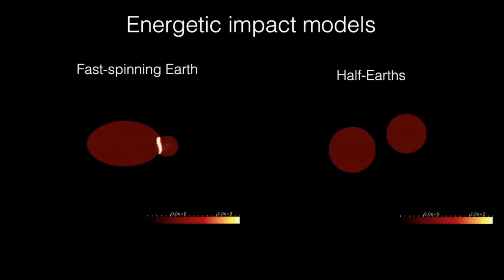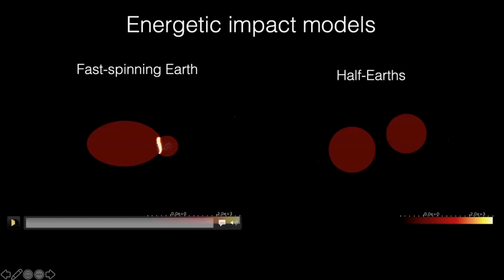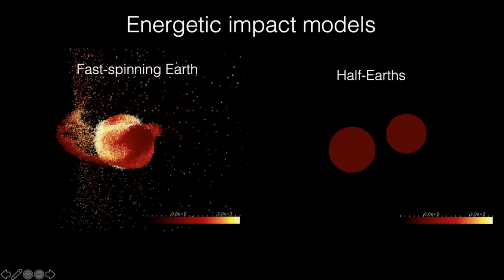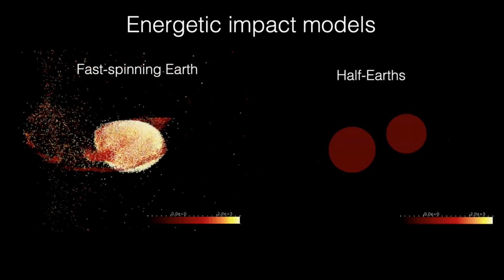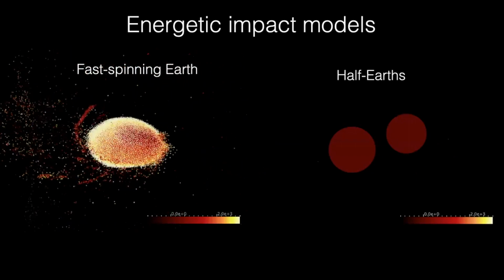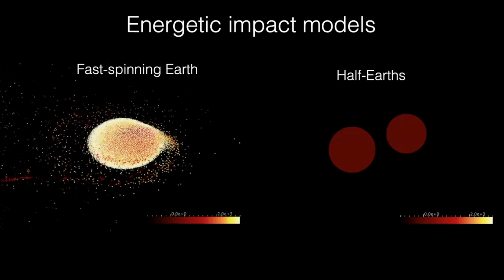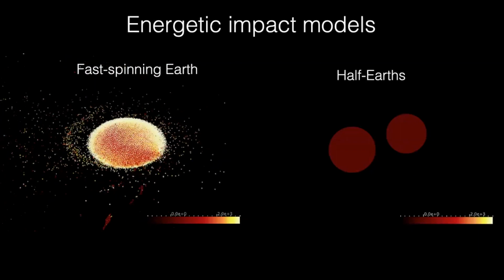I just want to show you some other simulations just for fun. This is the fast spinning Earth model, and you can see that the Earth has an oblate shape. You can see that the outer part of the Earth mantle is stripped off, and also you can see that this is a more energetic impact model than the standard model.